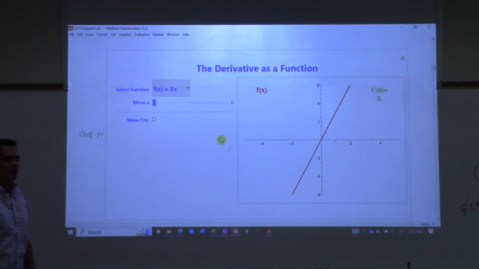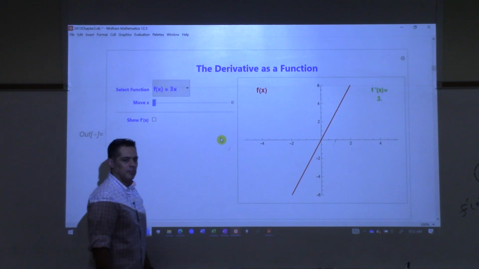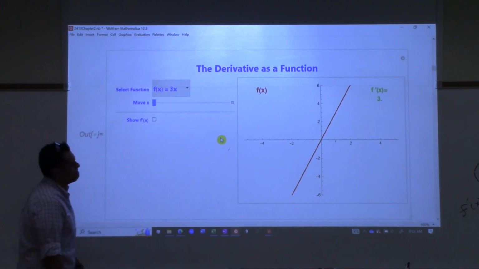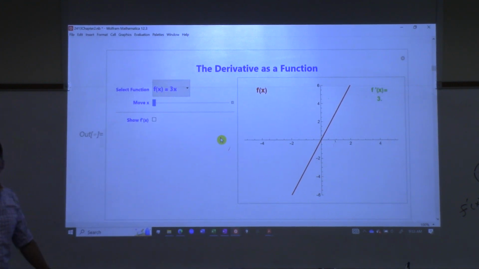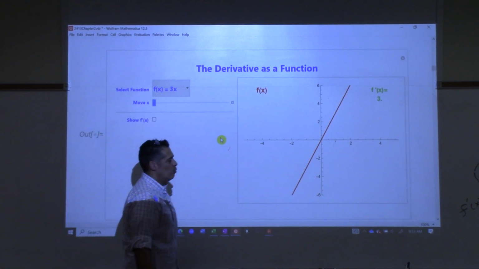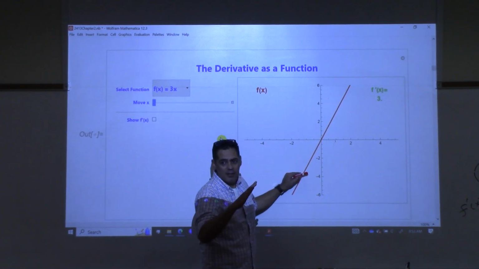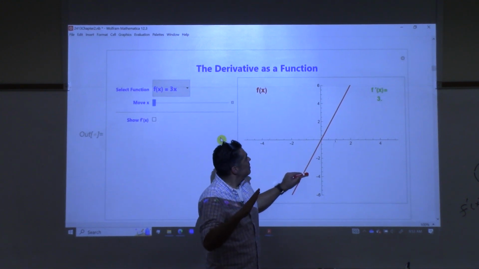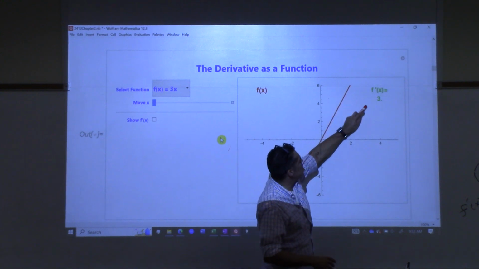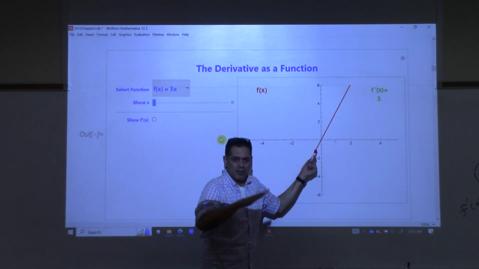What's the derivative going to look like for this one? That's the original function. What can you tell me about this? It's a straight line, so the slope should always be whatever the slope is. I'm going to tell you the slope is 3. The slope is 3 all the time.